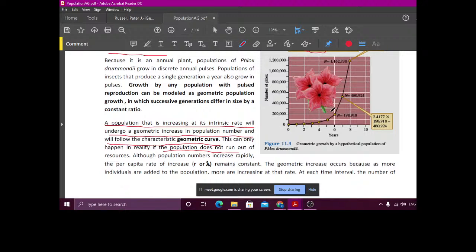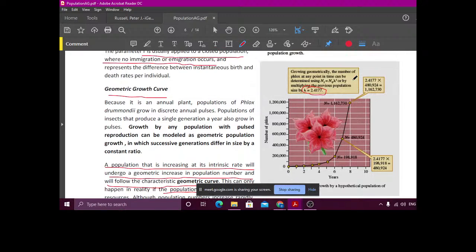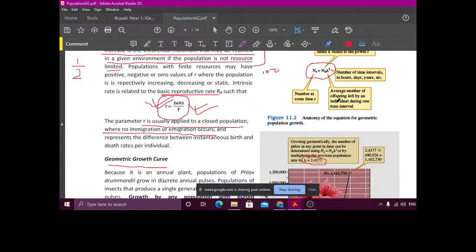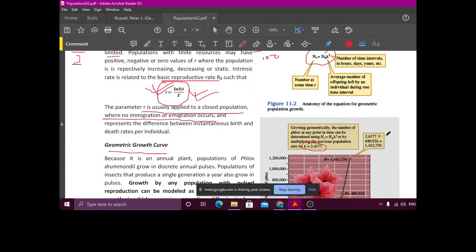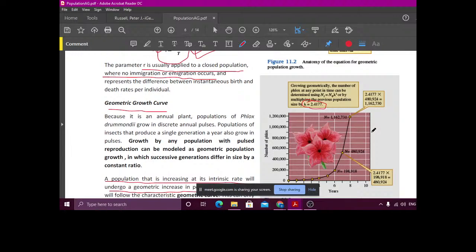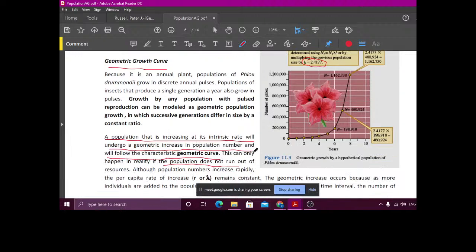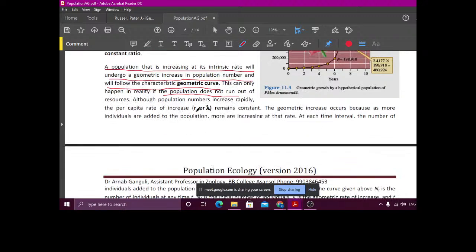If it doesn't run out, it will keep on rising exponentially using this formula to the power t. So here lambda is 2.4177. So it will keep on increasing, slowly it will keep on. This is known as the geometric growth curve.